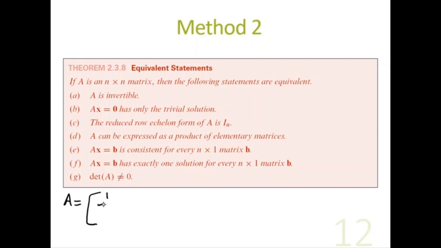Let's see, 1, 2, 3, and then you'd have 5, 6, -1, or 3, 2, 1. And you have this coefficient matrix of those equations.